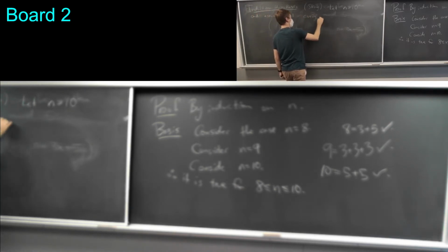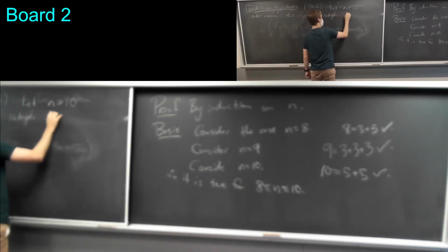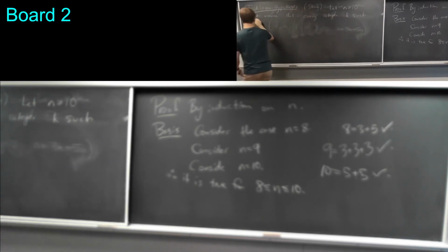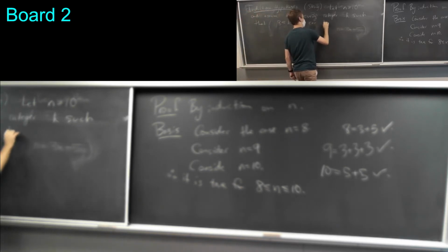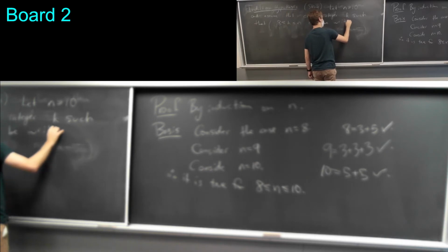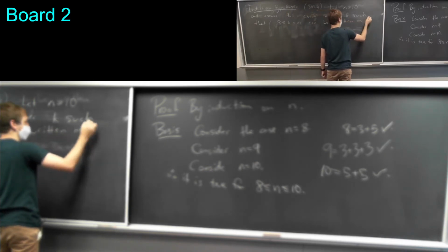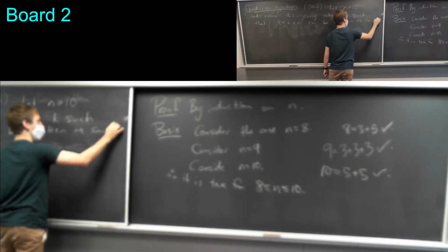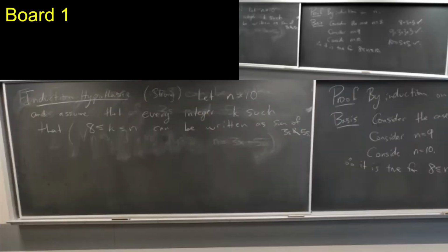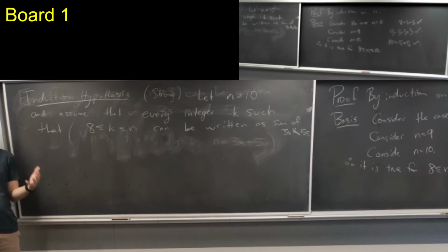every k between 8 and n can be written as a sum of 3's and 5's. So remember, the induction hypothesis is always an assumption, right?